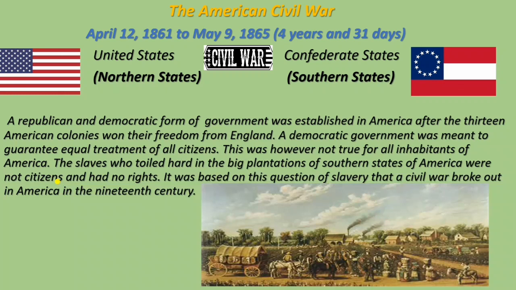The inhabitants of the southern states were described as slaves who toiled hard in the big plantations, were not citizens and had no rights. It was based on this question of slavery that a civil war broke out in America in the 19th century, a 4 year war between the United States and 11 southern states.